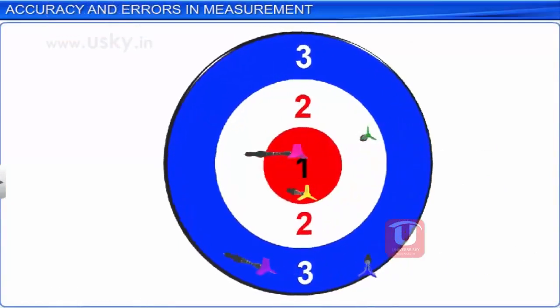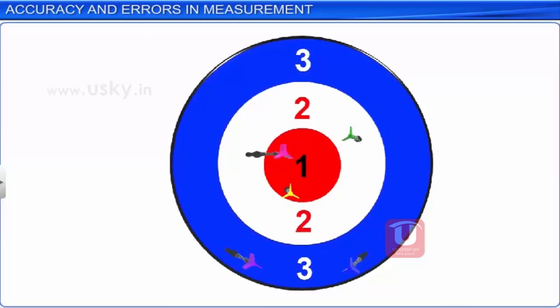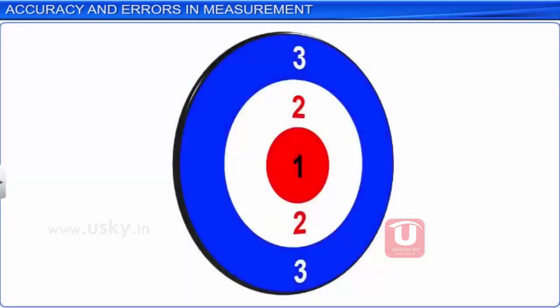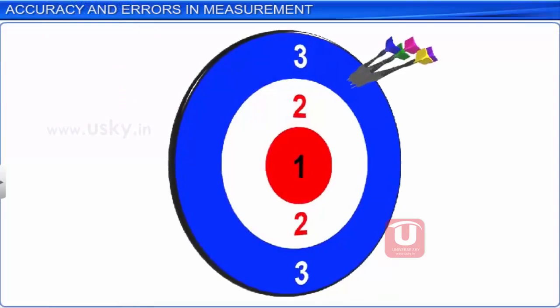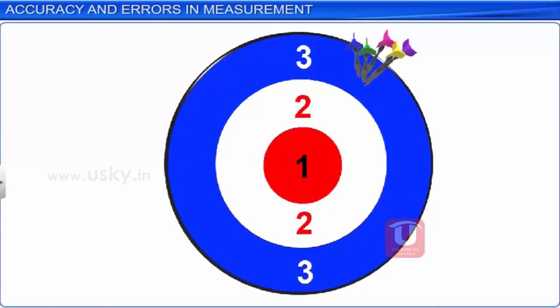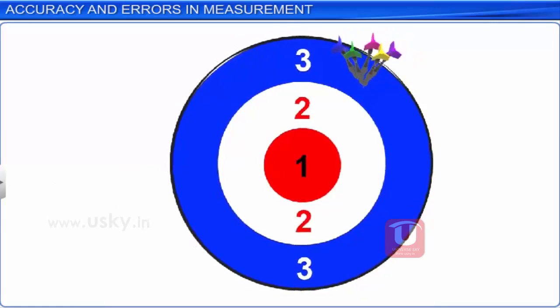How close the darts land to the center of the bull's eye determines the accuracy of the throw. Precision is the degree of resolution of a measured value when the same quantity is measured with different devices. If all 5 darts land at the same point, then the throws are said to be precise.